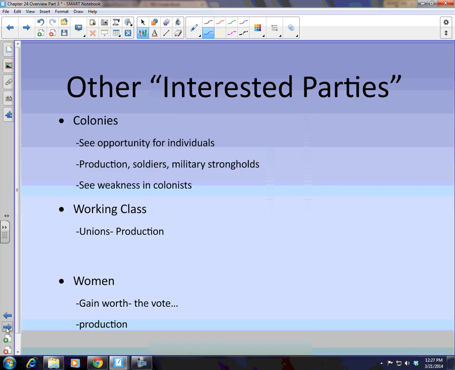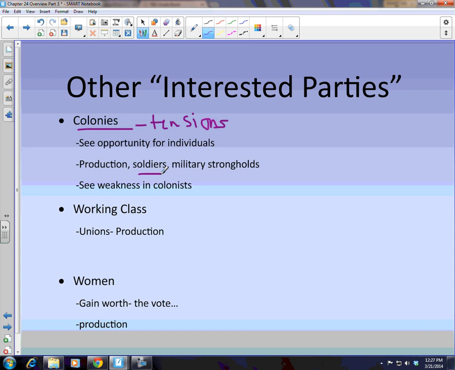Other interested parties. So the war spread beyond the boundaries of Europe for a couple reasons. First, colonies became natural extensions of the tension among European nations because you had German and British colonies right next to each other. Second, as the war grew in size, the Europeans began to push for colonial recruits.